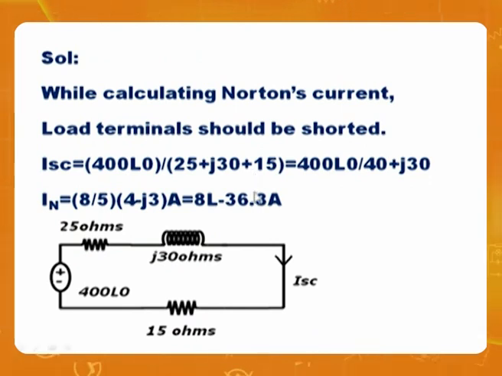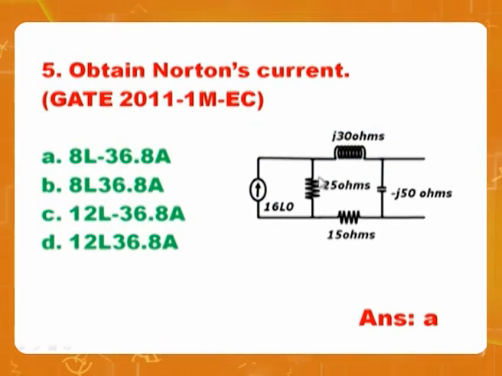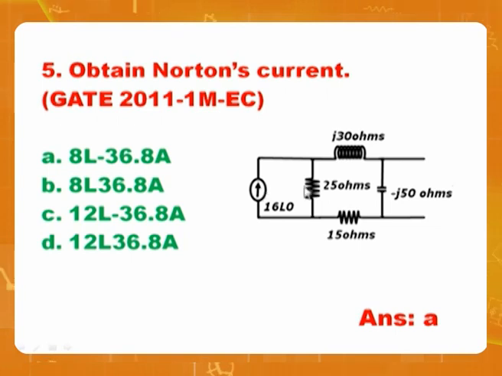Look here. When I shorted, the parallel branch has gone. That's one important observation. The second observation is, I have converted this current source into a voltage source. How to do it? Impedance is the same, whereas voltage is current into impedance. 16 times 25 is 400. So it is a 400 volt source in series with 25 ohms, and then enjoy the circuit.